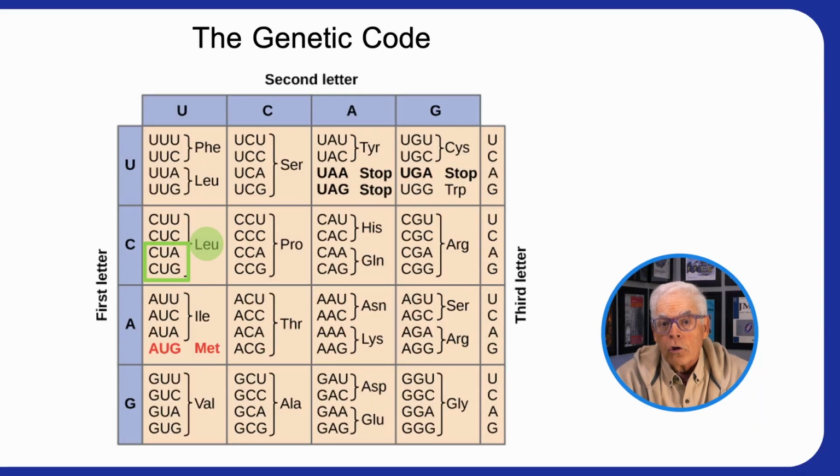For example, human cells use CUA or CUG most often to encode the amino acid leucine. In yeast cells, however, CUG and CUA are rarely used, and instead the codons CUU and CUC are preferred.